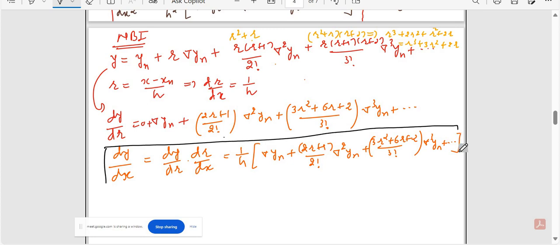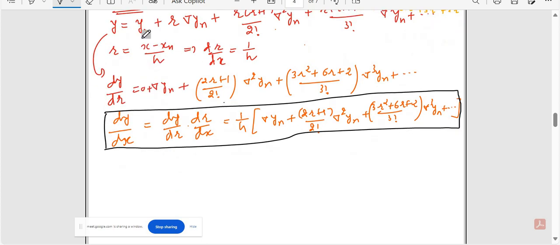Yes. So this formula is derived from our Newton backward interpolation formula. Now again, if you substitute here x is equal to xn, then our r is equal to 0.